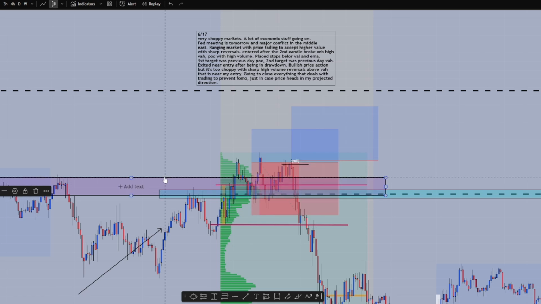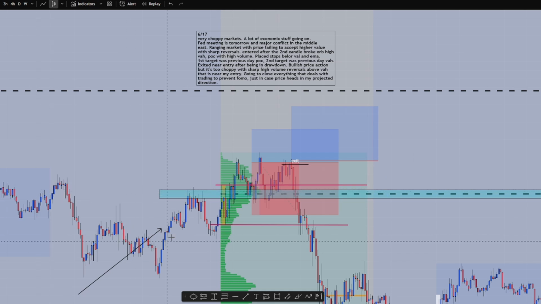You know what? I'm going to delete this for now too. All right. So this candle right here. Price broke above ORB high, broke above this zone, broke above the zone that I just deleted.